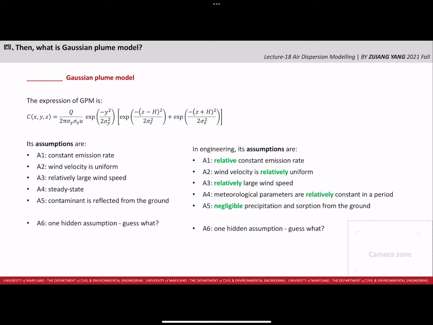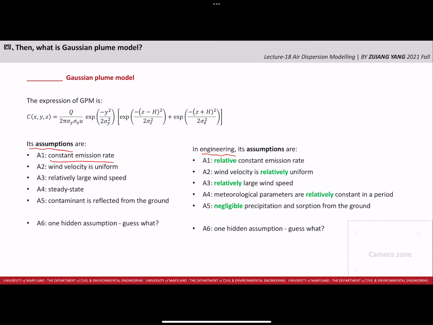And then we know that these assumptions are very mathematical. For example, for the first one, the emission rate should be perfectly constant. But in reality, we know that the emission rates of anything will not be perfectly constant. So in engineering, we can loosen this assumption a little bit.